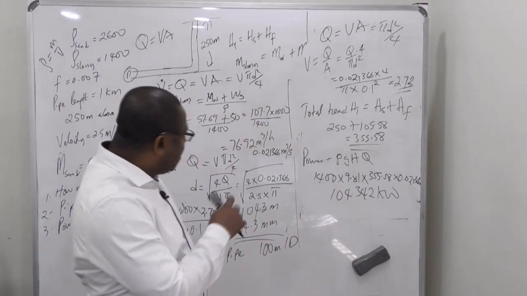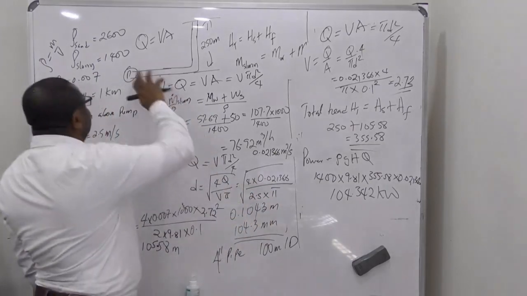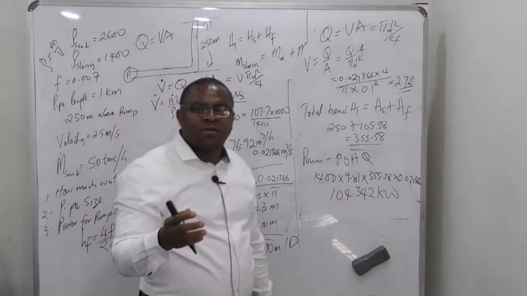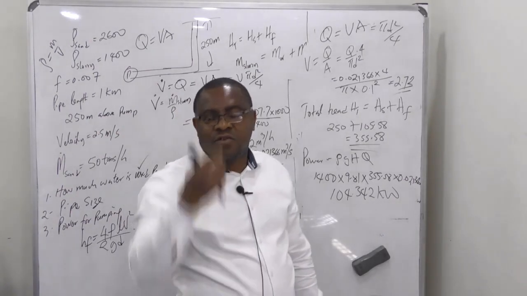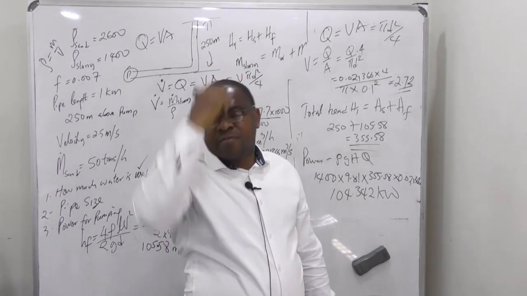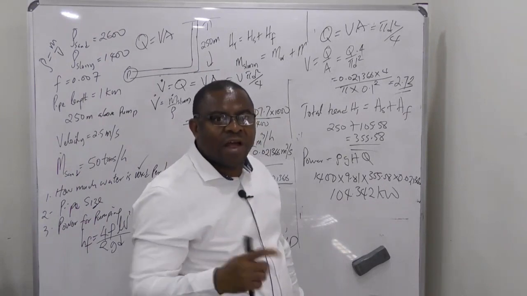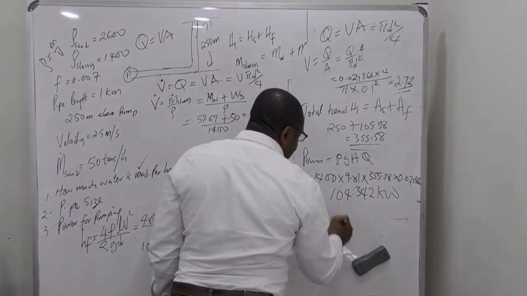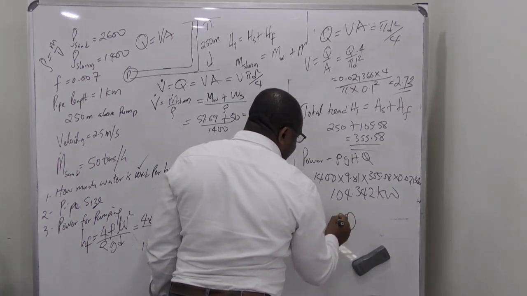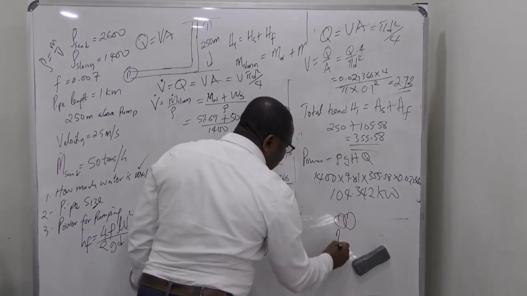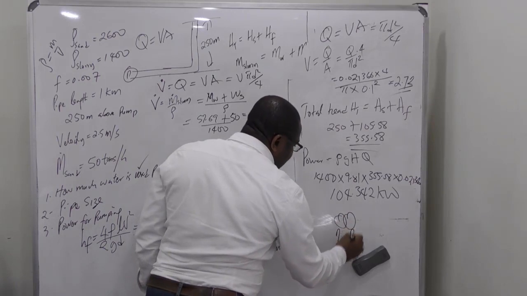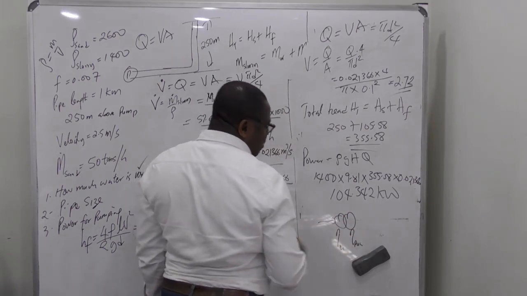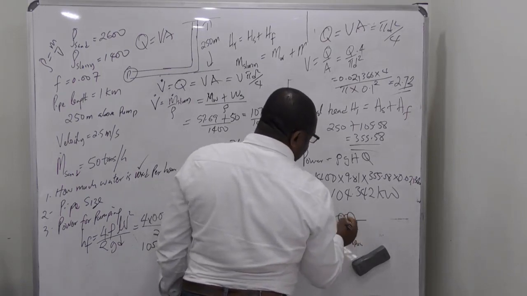But now remember, this is the power you will use to push it. If you want to get the input power, then you must know the efficiency given to you. Sometimes you might be given a motor and a pump. There may be an efficiency of the motor, and there will be an efficiency of the pump itself, and they want to know the power in. Remember, this is not a transformer.